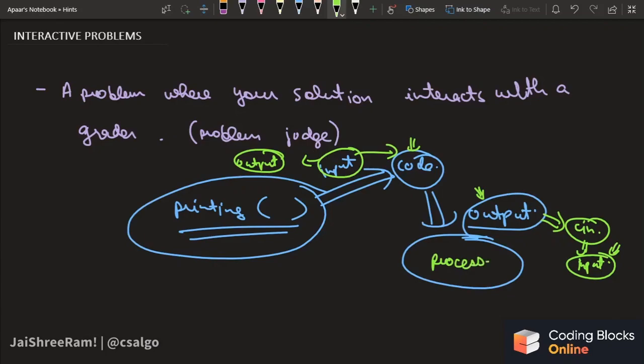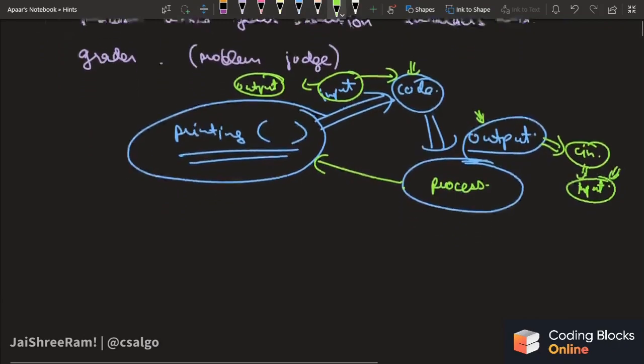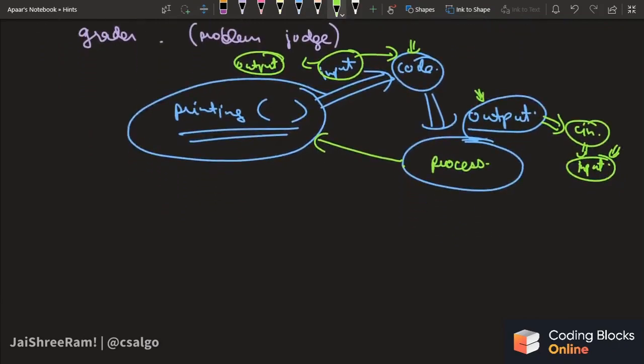So when I'm taking something as an input, I will process that input. If I ask something, what is the result that I got? I'll process that input, and then there might be a possibility that again I'll go for printing. Okay, fine, the previous query gave me this answer, now do this query. So let me take an example.